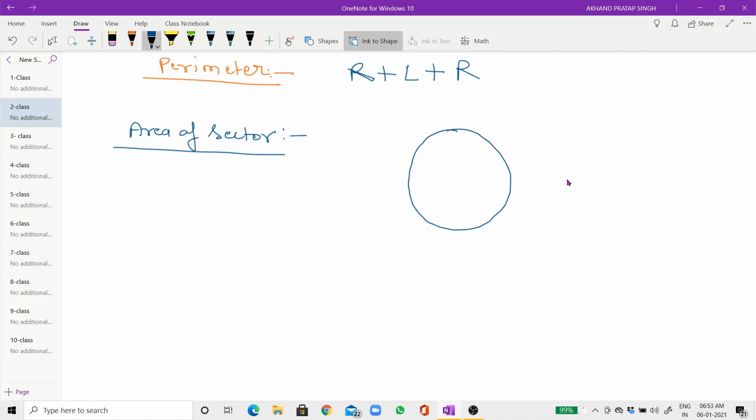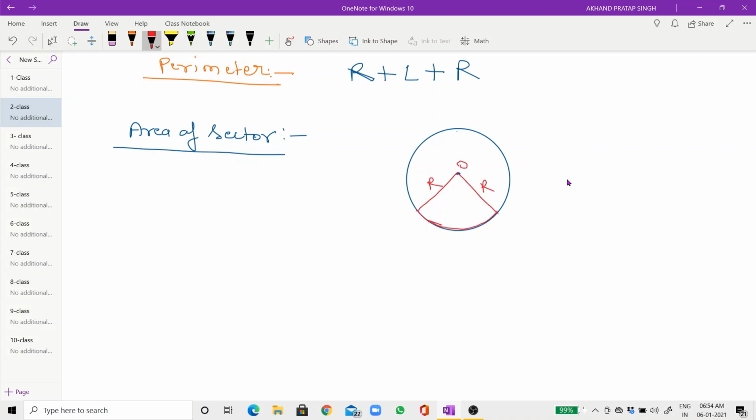We take a sector. Suppose this portion is a sector, this is a radius r, and this is the center O.